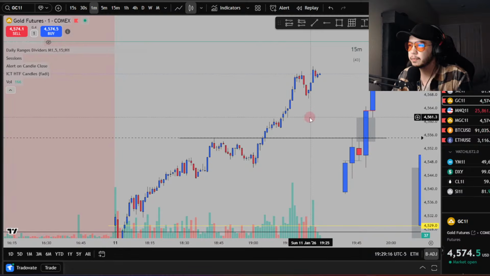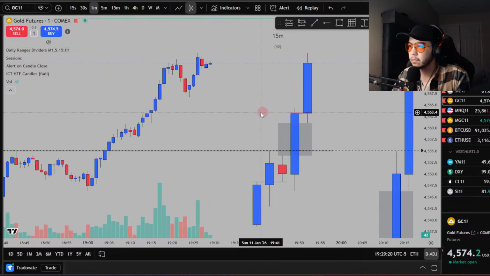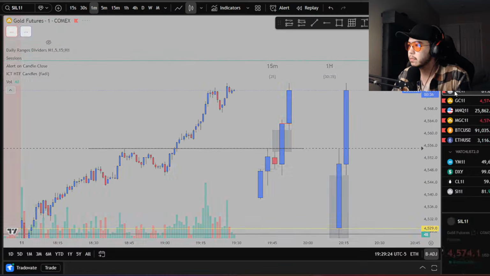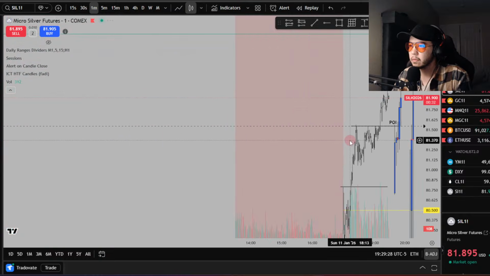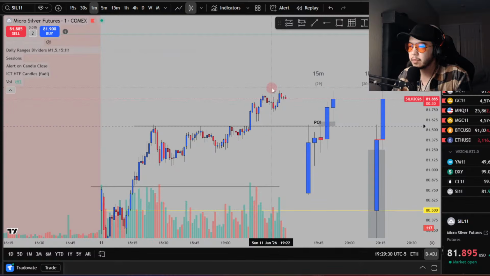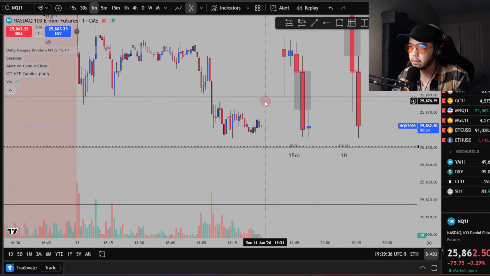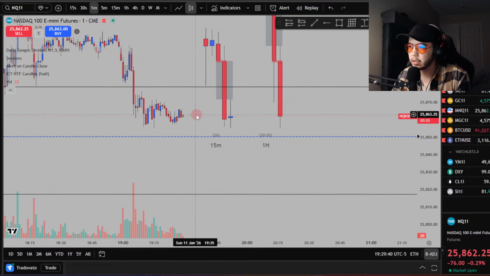Let's see. I think our best setup is probably on silver. Possibly NQ coming to this daily indication and then going up.